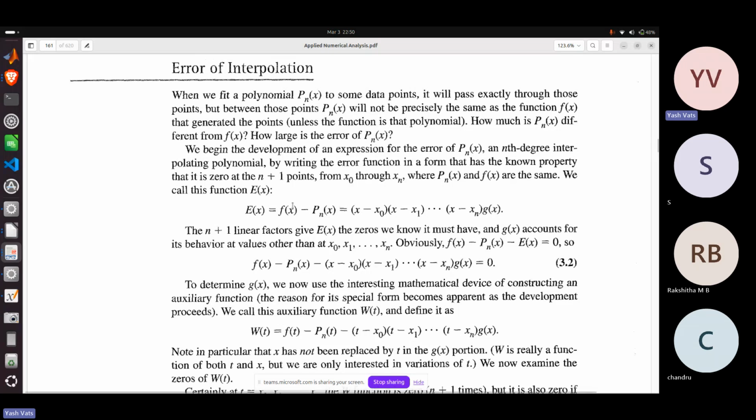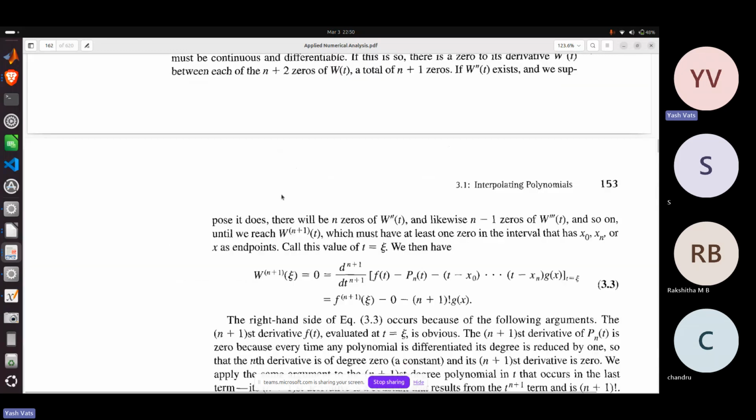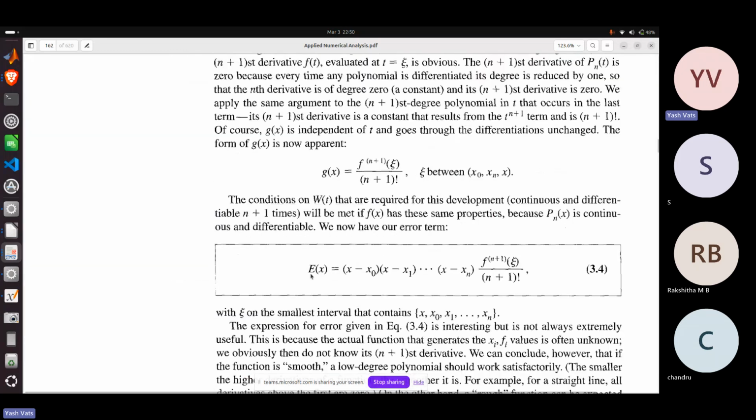If you have the function f(x) and p_n(x), you can easily find the difference between them by counting the roots, where x naught, x1, up to xn are the points where they agree. So you can write it down like this, and ultimately you end up with an expression for the error function, which is x minus x naught, x minus x1, up to x minus xn, and so on.